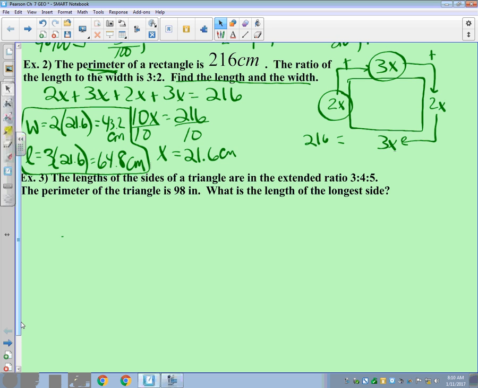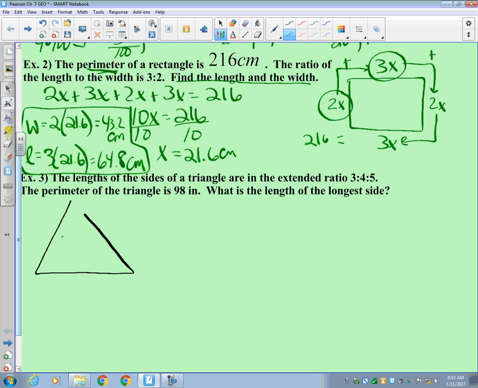Okay, so we're going to look at how this changes when we change the shape, and the process is still the same. The lengths of the sides of a triangle are in a ratio of 3 to 4 to 5. I'm also going to include my x's because I don't know if it's actually 3, 4, and 5 and x is equal to 1, or if it's 2, or what our x is going to be.